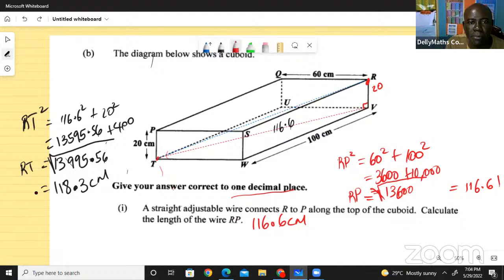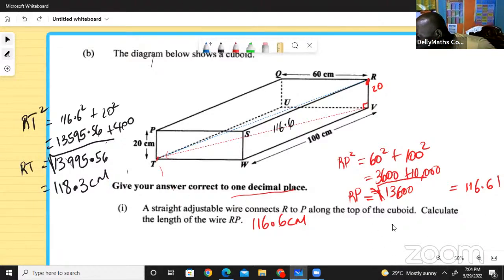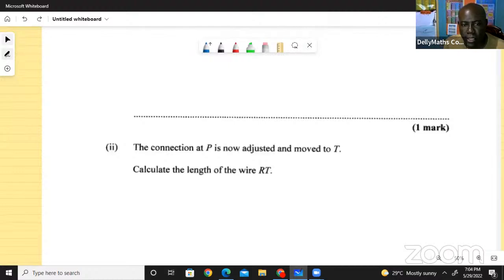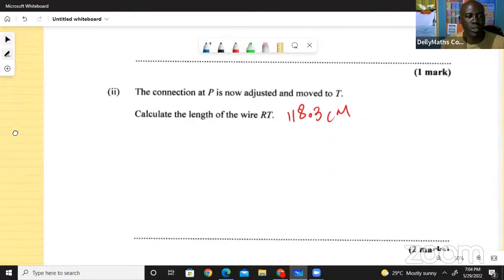I don't think I'm going to label this diagram because they're going to do more on it. So that is the slant coming down from the top, 118.3. Yes, so this is the 118.33 that we got there.